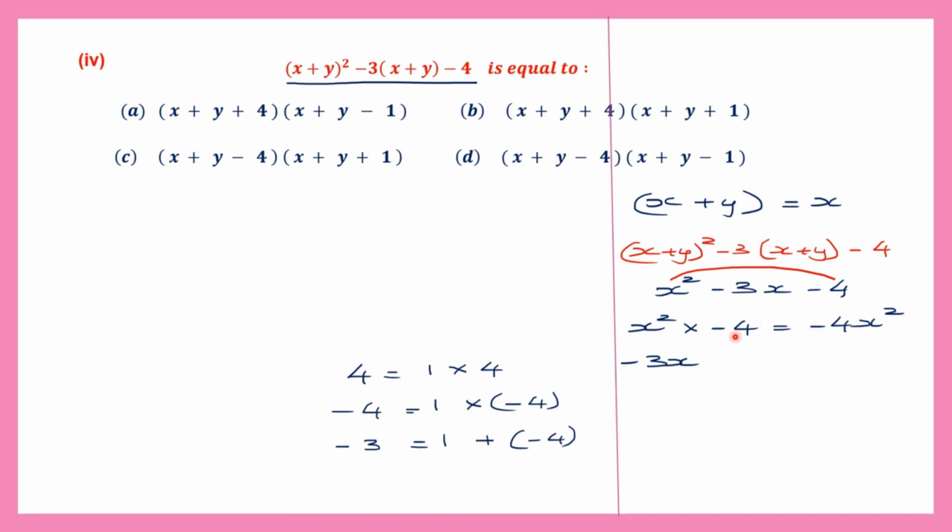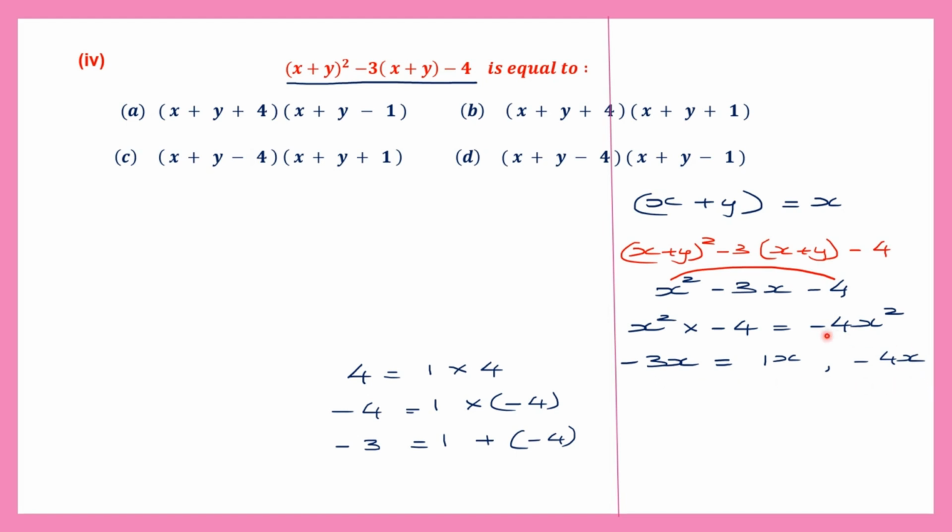So if I split my middle number minus 3x into 1x and minus 4x, I will get all this correct. So here minus 3x, to get that, I have to say 1. My first number is 1x and my other number is minus 4x. If I add these two numbers, I will get minus 3x.